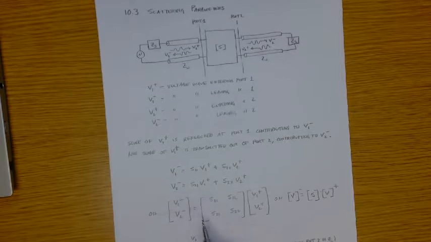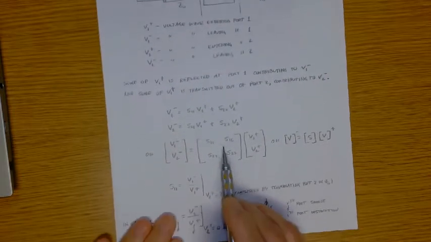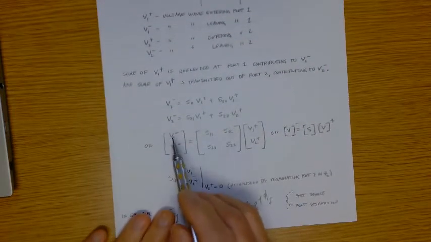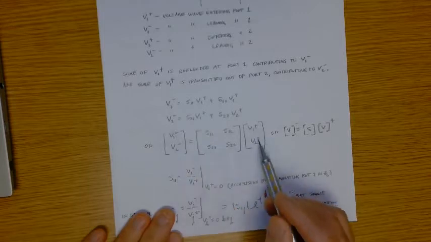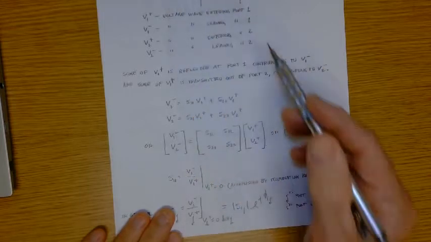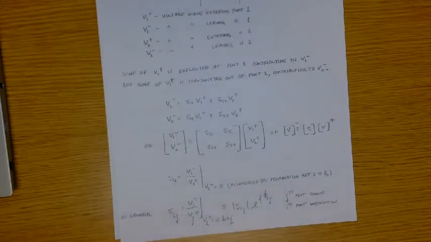Similarly for V2 minus, right? So we can organize this in a matrix. These are the so-called scattered voltages, these are the voltages incident on the ports, and then this is the scattering matrix.